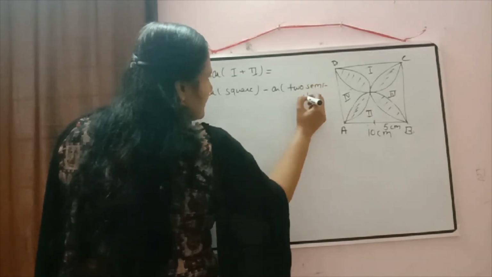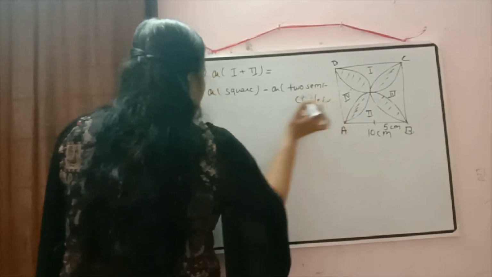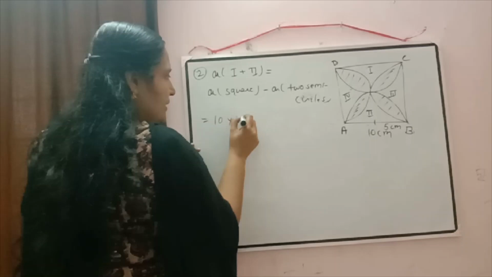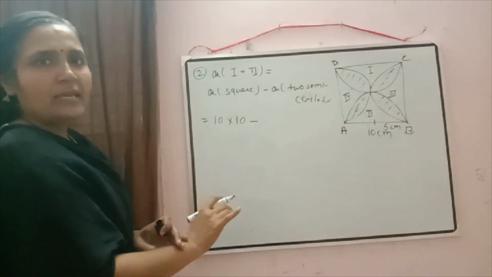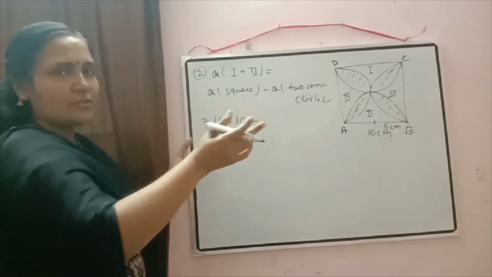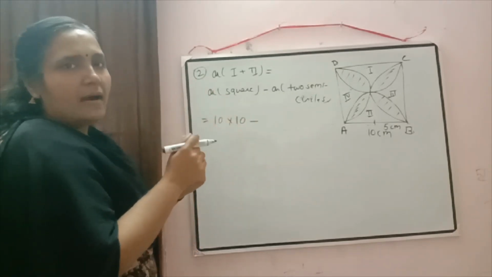Clear? Okay. So area of square will be equal to 10 into 10 minus, how many semicircles are there? Two semicircles are there. So if we join two semicircles, what will happen? Yes, it will become a circle.